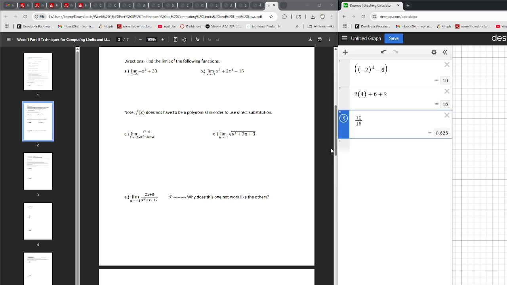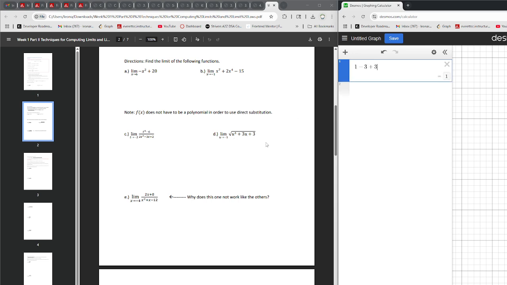Yeah, it's 10 over 16. We do the same thing here. That's just 1 minus 3 plus 3 square root of 1, which is 1, right? I hope so. 1 minus 3 is minus 2 plus, yeah, okay.